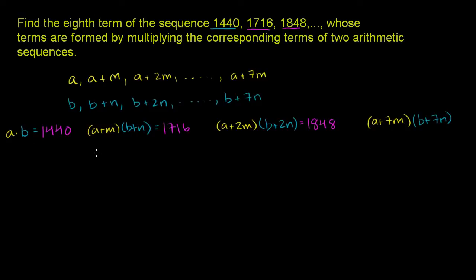Now, before I even do this, it seems like we have some good information to at least put some constraints around our a's, b's, m's, and n's. Let's just think about the form that this is going to take, and then maybe we can build up the numbers as we solve for this stuff over here.